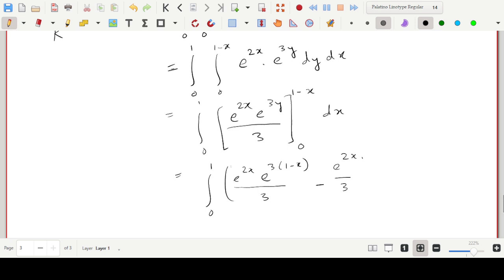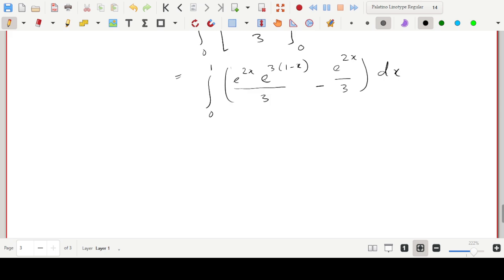And now we integrate this with respect to x, from 0 to 1. So now this is fine. This will be e to the power 2x multiplied by e to the power 3 multiplied by e to the power negative 3x, minus e to the power 2x, divided by 3, dx.